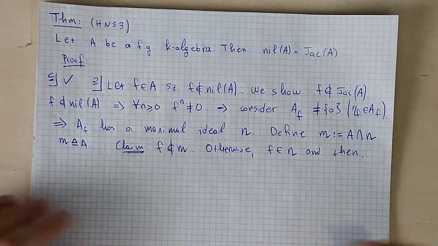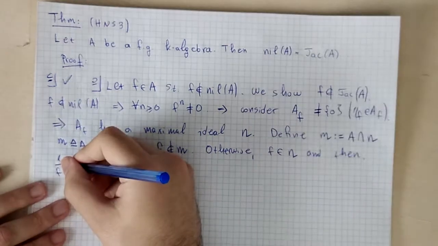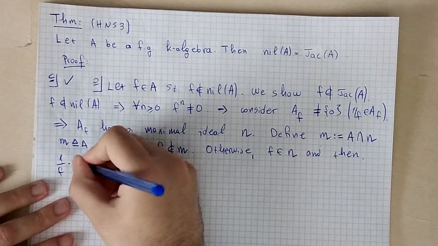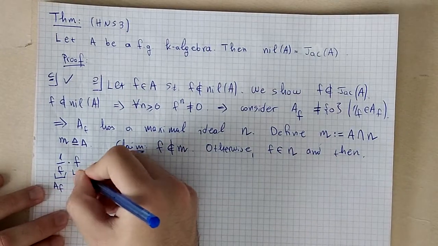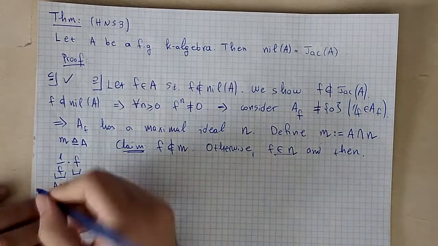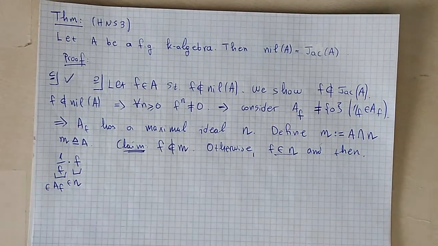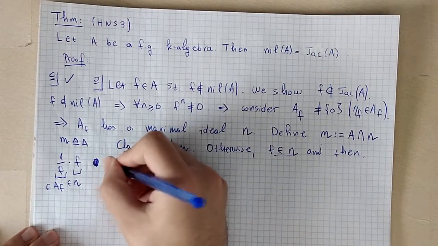And then we could just take 1 over F and multiply it by F. Now this is an element of the localization, and F is an element of N, right? This lives in here and this lives in N, and this is of course equal to 1.